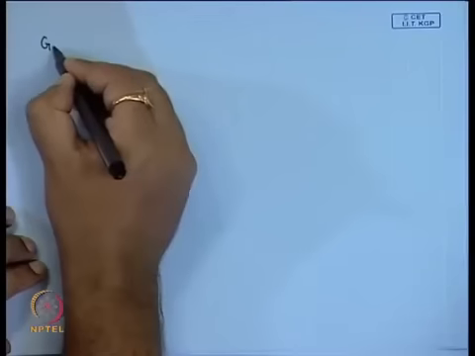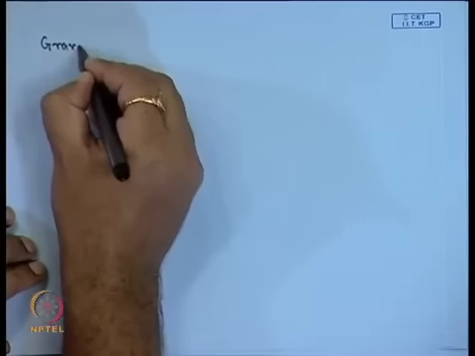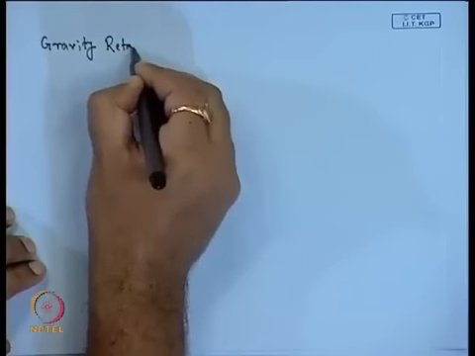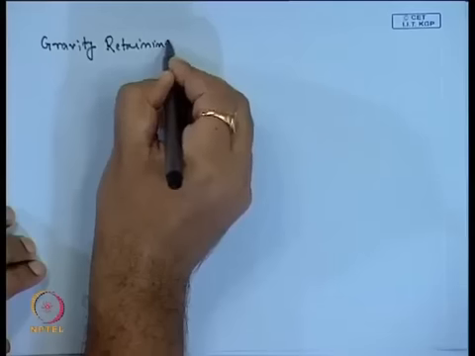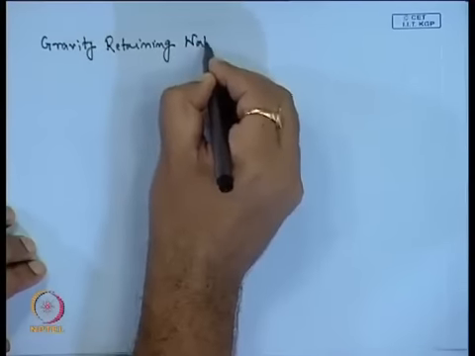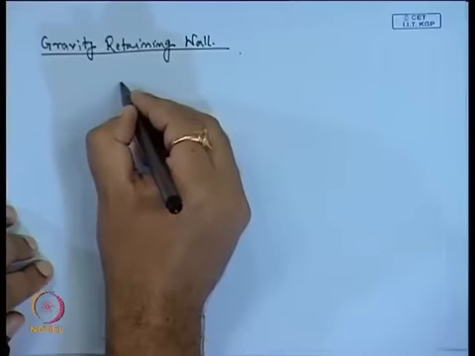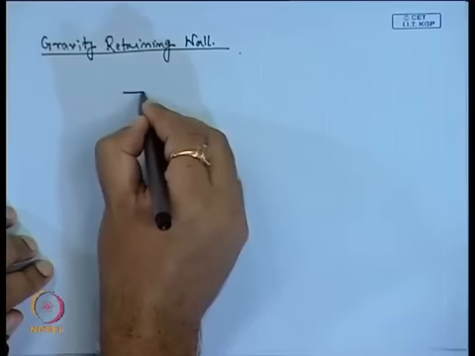Now, next, in addition to these checks, what are the other design criteria or guidelines? First, we will go for the gravity retaining wall. Suppose this is the retaining wall.